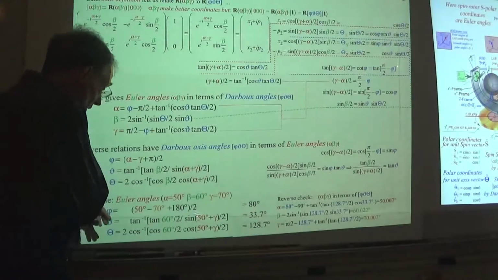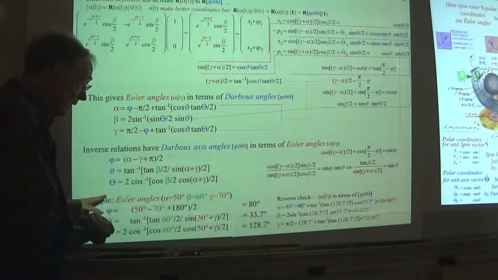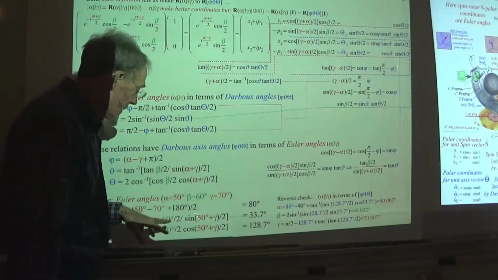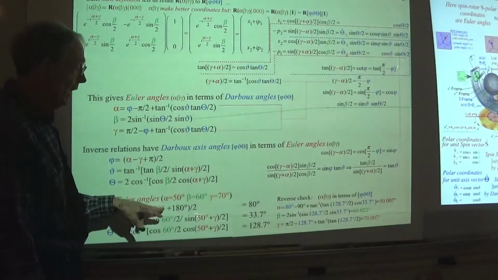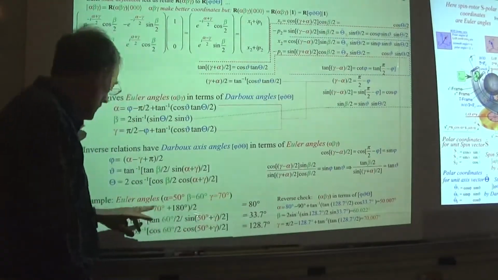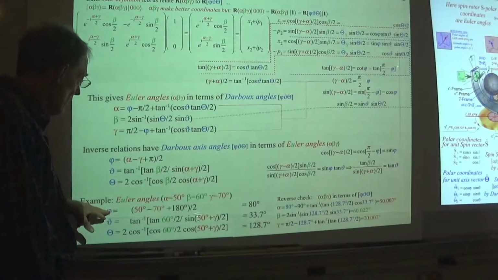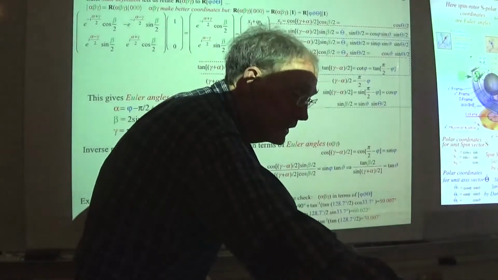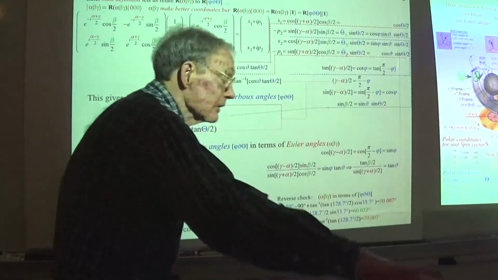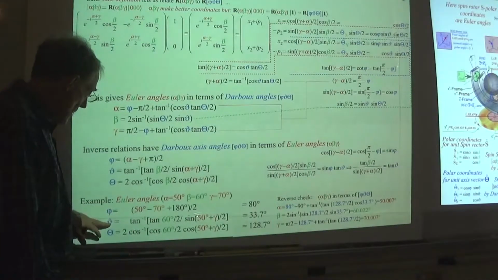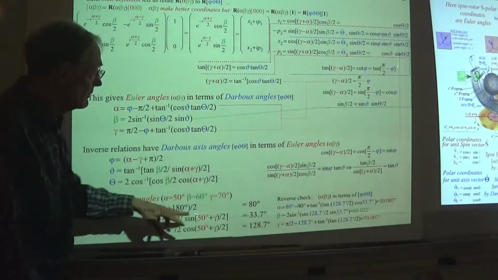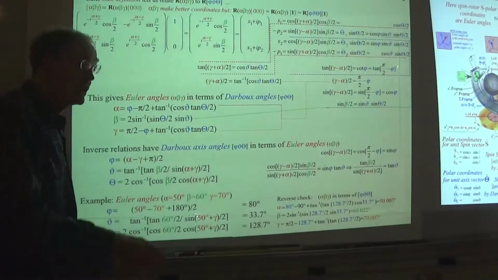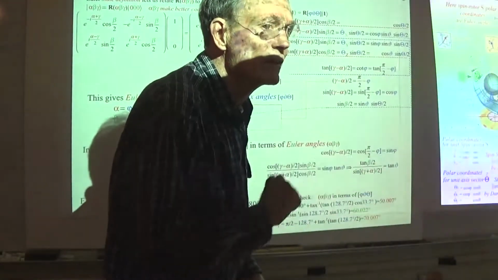And then I calculate using the Darboux conversion formula of this 50, 60, and 70, and I come up with 80 for the azimuth of the crank, theta of the crank, that's this angle right here. Azimuth is on this plate, crank is on the bar, okay? At some theta, that comes out to be 33.7, and then 128.7 is what the crank I had to turn in order to get this to happen.